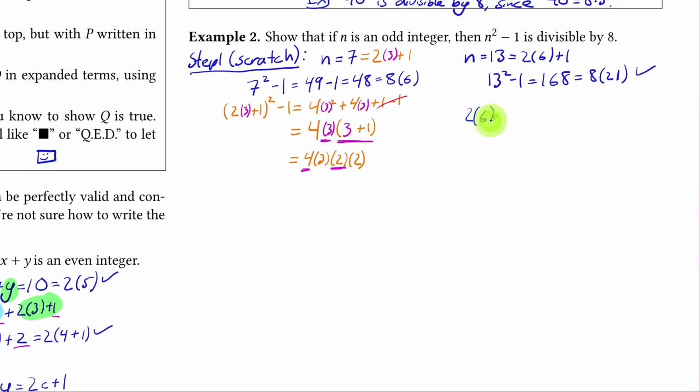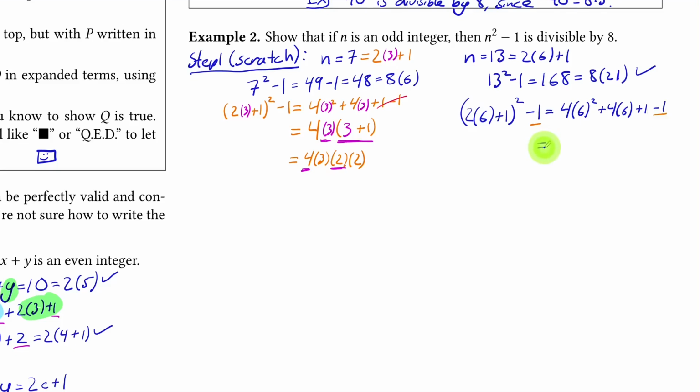Okay, so 2 times 6 plus 1, quantity squared, minus 1. That's our n squared minus 1 here. FOIL this all out. We'll get 4 times 6 squared plus 4 times 6 plus 1, and then the original minus 1 out here, and those will cancel out.